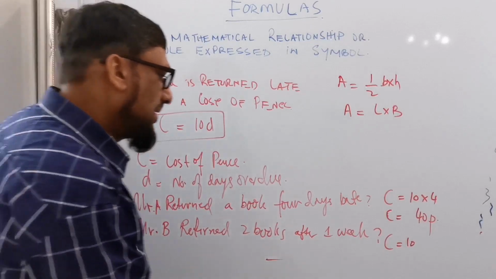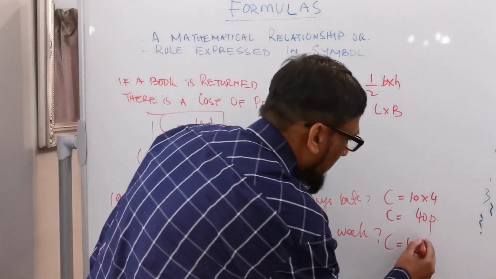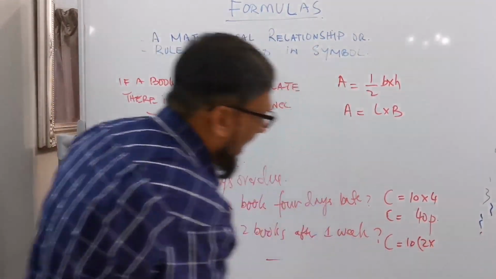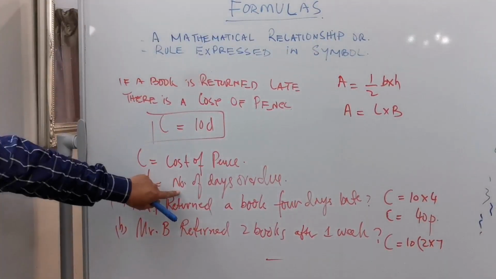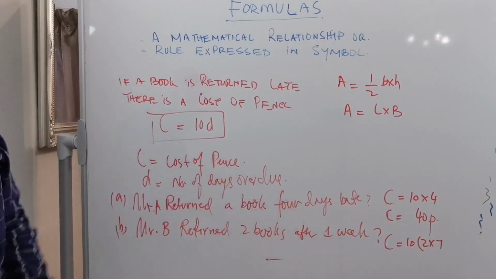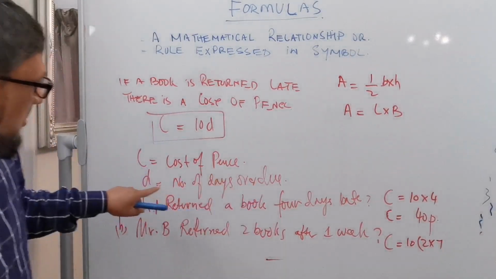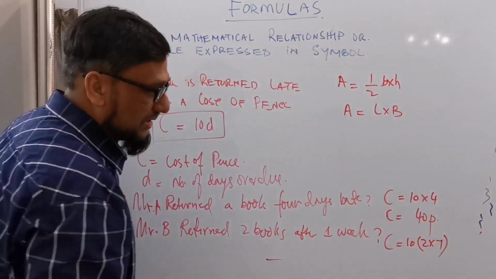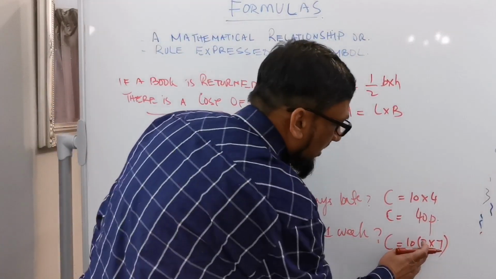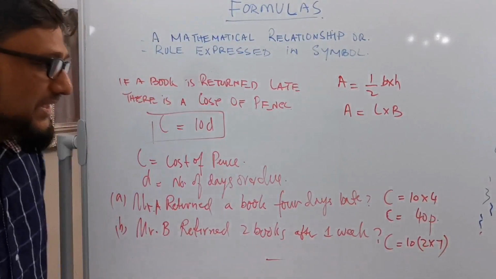So what we do, simply, we do 2 books and 1 week means 7 days, because this D is the number of days overdue, in days. There are 7 days in a week. So 2 books means a total of 14 days.